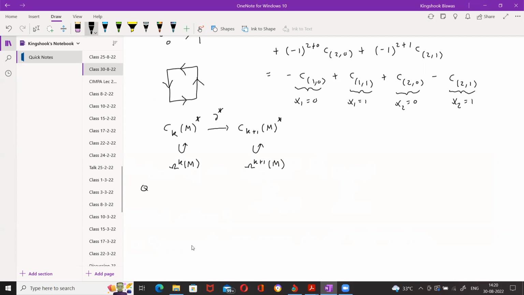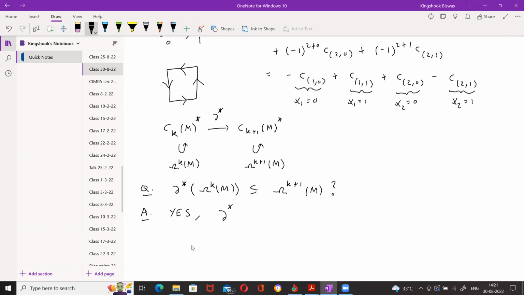And our question was whether the image of omega k m is contained in omega k plus 1 m. And the answer is yes.